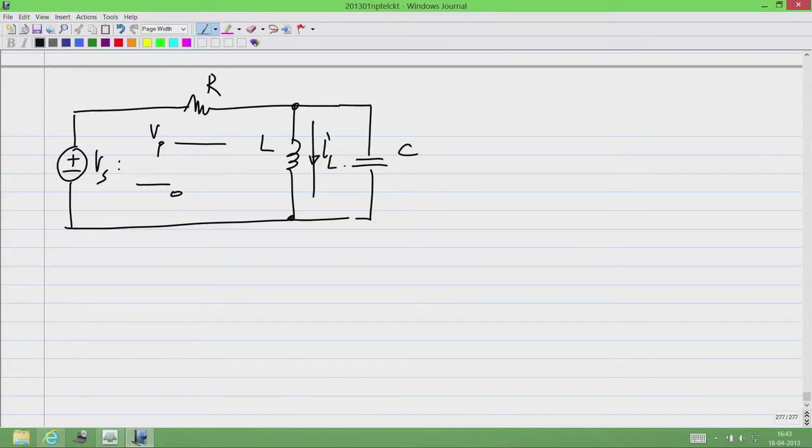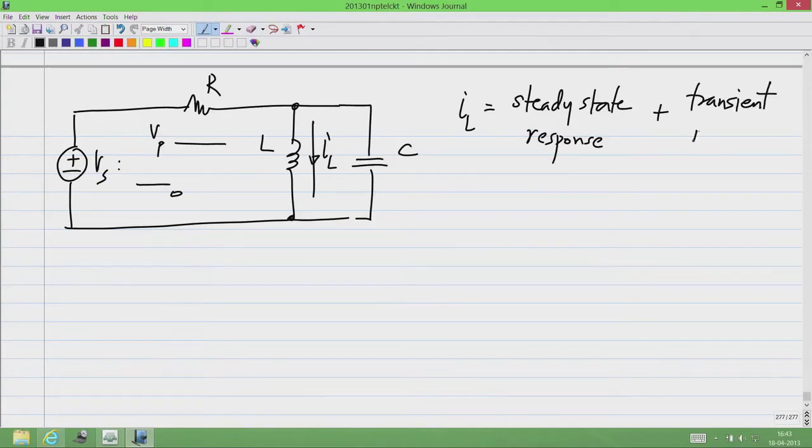Okay, that is my variable of interest. I know that IL will also be of the form steady state response plus transient response. So, what is the steady state response of IL in this particular circuit?